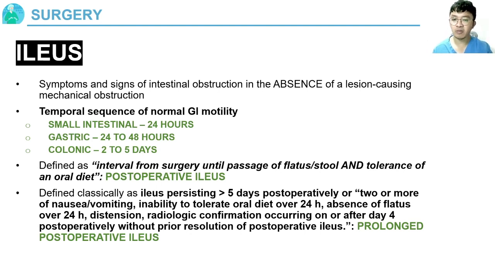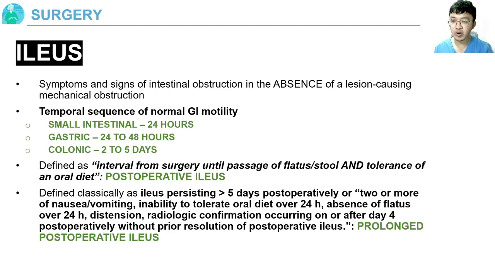However, if it's more than 5 days or with the following findings: nausea, vomiting, inability to tolerate oral diet over 24 hours, absent of flatus over 24 hours, occurring on or after day 4, without prior resolution, this is called a prolonged post-op ileus. Again, a post-op ileus is almost always expected, okay?